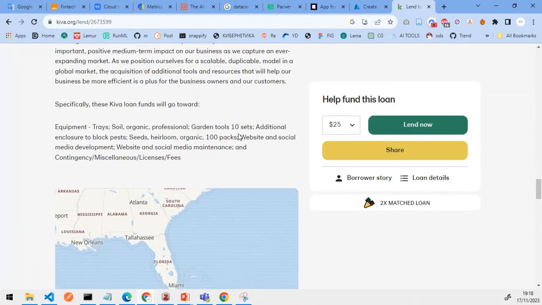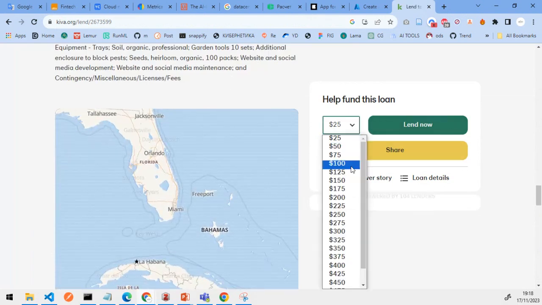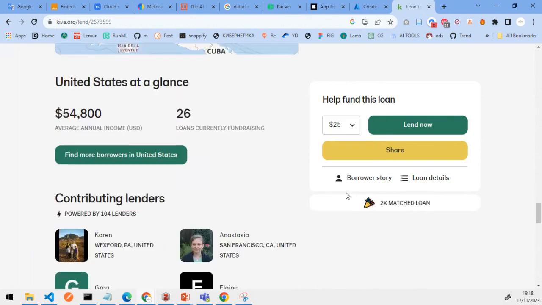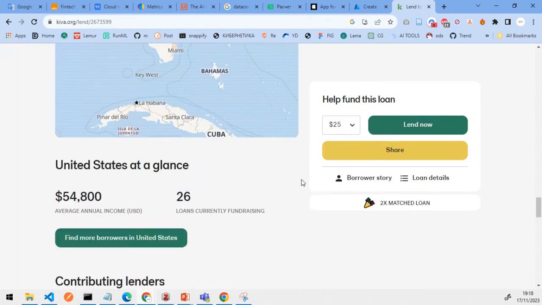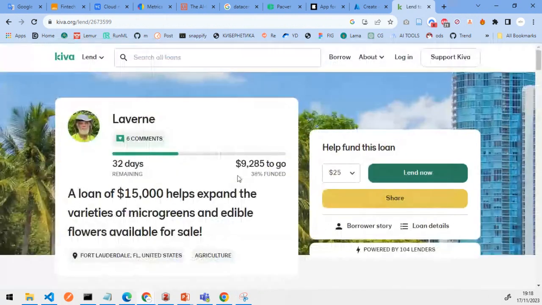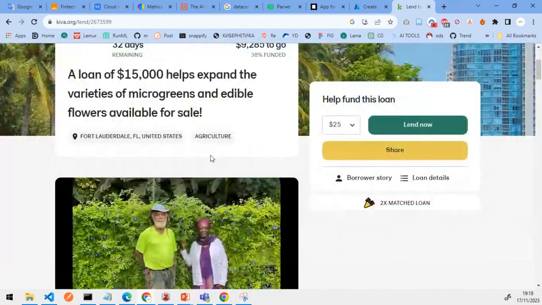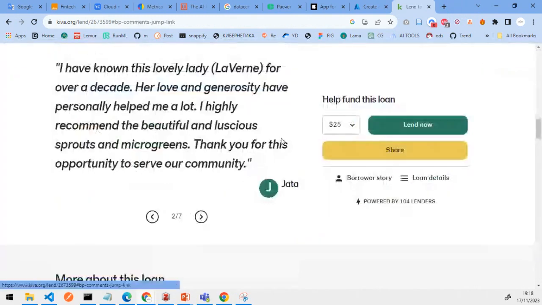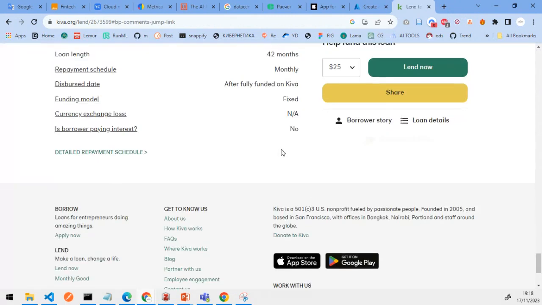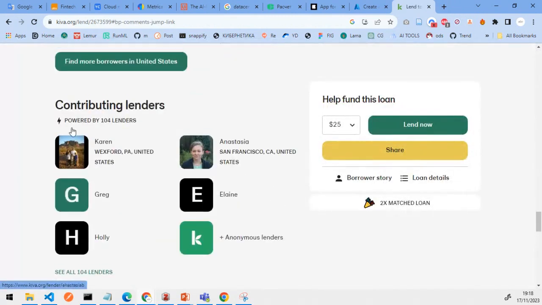So you support the idea by giving a certain amount of money, and after some time they'll give you the payback amount. So this is basically how it works. These are some of the ideas here. You can look at the comments and try to understand if you should support the business.